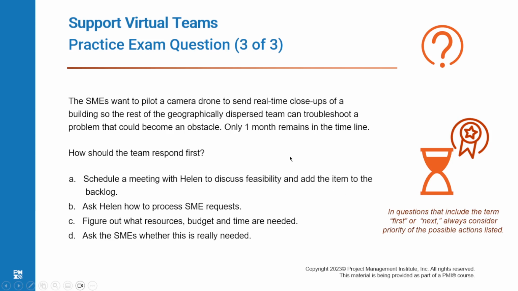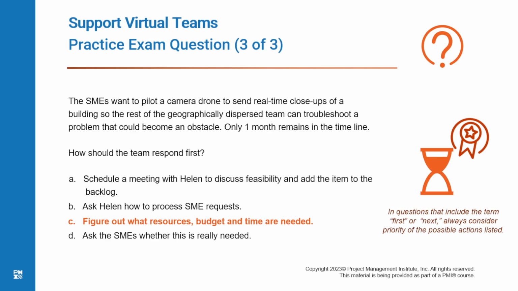Okay, let's see the damage. Figure out what resources, budget, and time are needed. I mean, this is a simple question because the SMEs want to pilot a camera drone to capture real-time photos of a building and send it to people who are in different geographical locations.